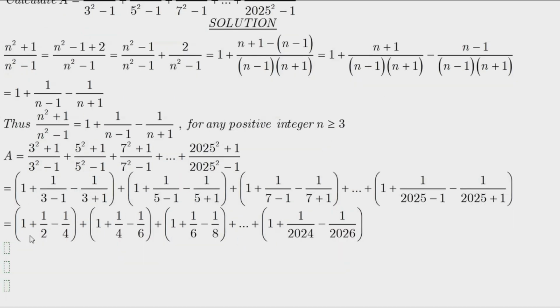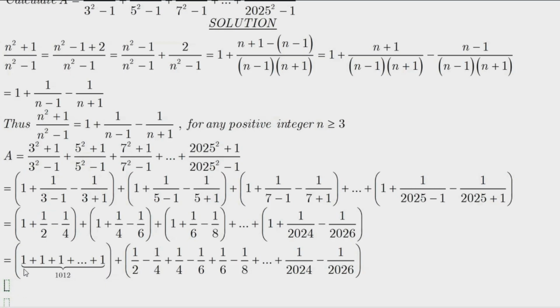Now we consider each factor. The first factor has 1, the second factor also has 1, the third factor also has 1, and all of them are 1. So we group the 1s together, and group the fractions together. The whole expression will be equal to this.